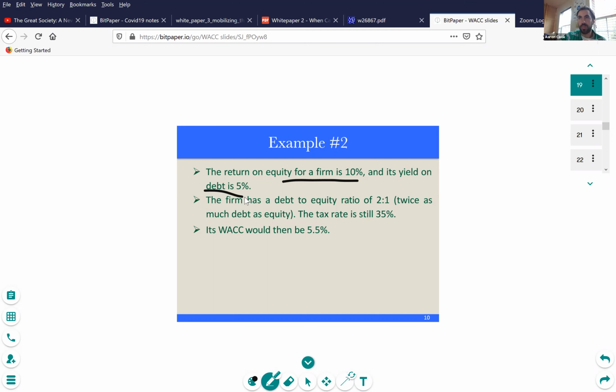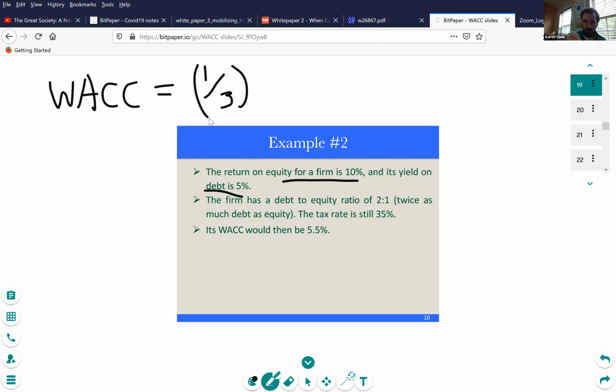So there's 2 parts debt for every 1 part equity. So in this case, the WACC is going to be, remember, it's the share of the firm that's financed with equity. If the debt to equity ratio is 2 to 1, that means there's 2 parts debt to 1 part equity. So 1/3 of the company is equity financed. You'd multiply that by the required return on equity.